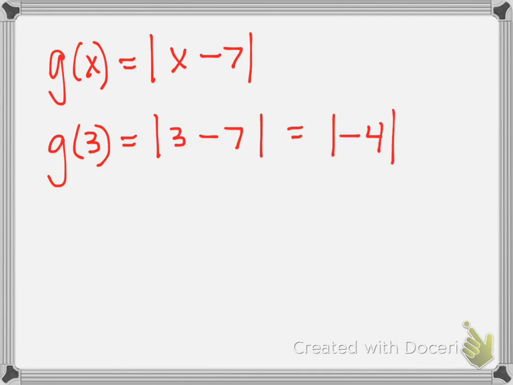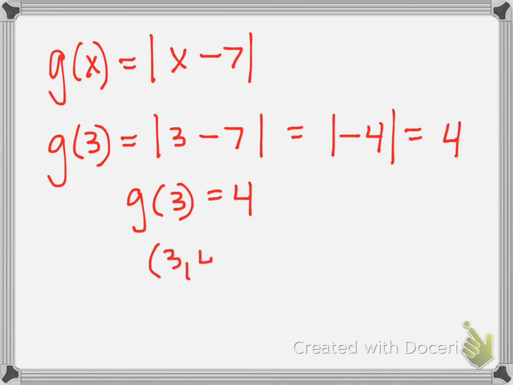Absolute value of negative 4 is positive 4. So g of 3 is 4. Or this ordered pair would be on the graph.